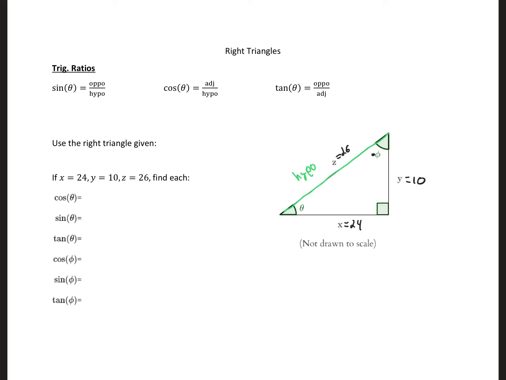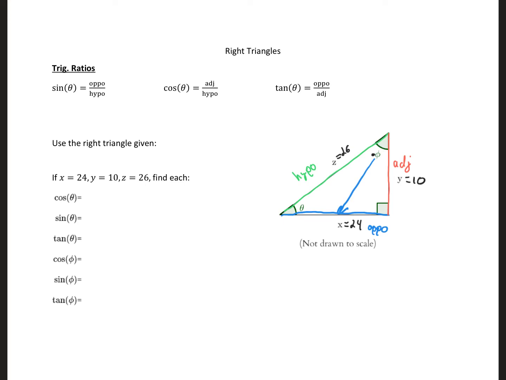It's always the side across from our 90-degree angle. Now what's different is if I take that angle and I shoot across, the opposite side now is 24. 24 is the opposite. And the only side length left, the one that makes that angle up with the hypotenuse, is the side length of 10. So now this side length is the adjacent.